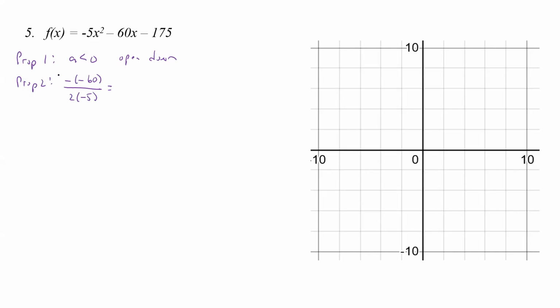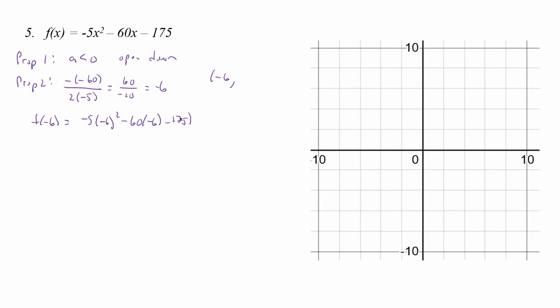And so it looks like we have 60 over negative 10, so it's a negative 6. And so if we take f of negative 6, that's going to be negative 5 times negative 6 squared minus 60 times negative 6 minus 175.